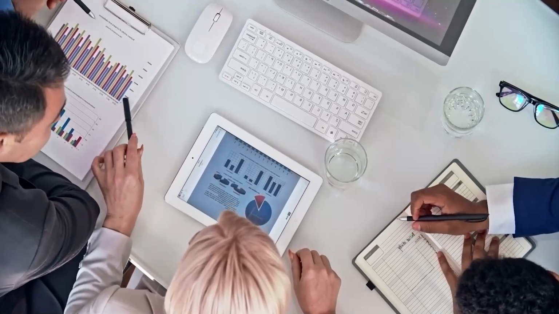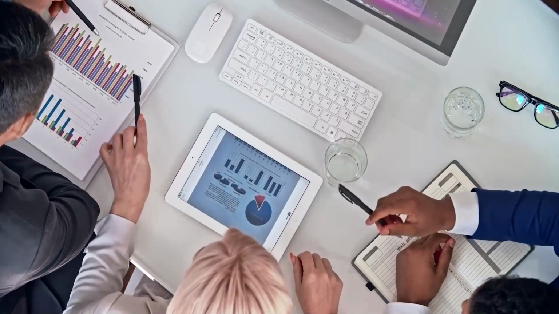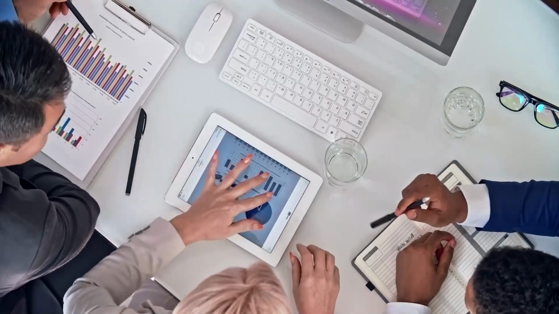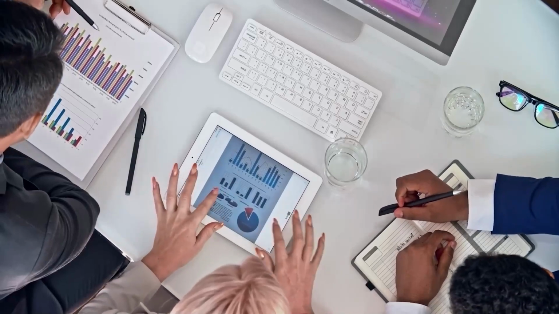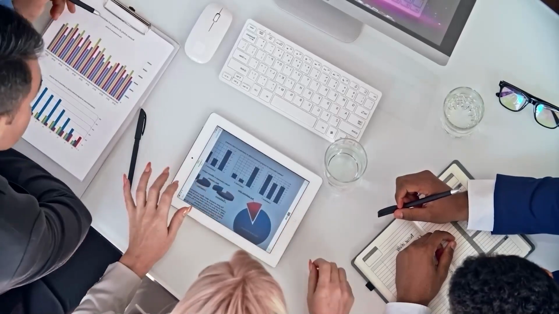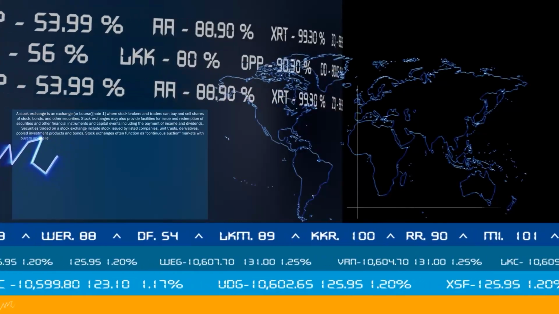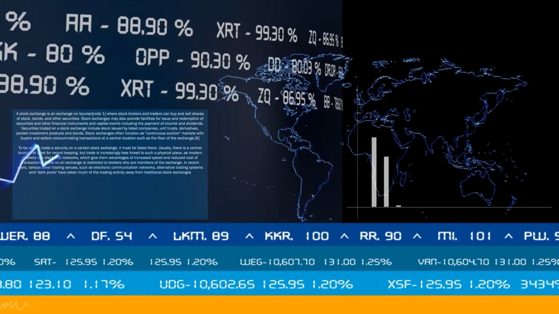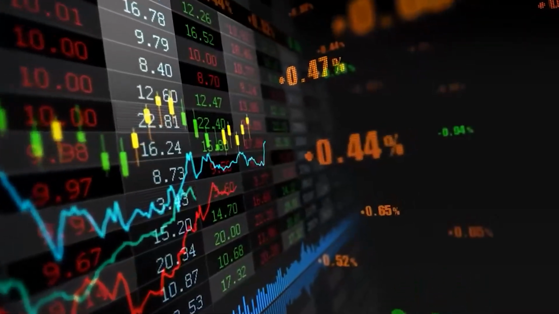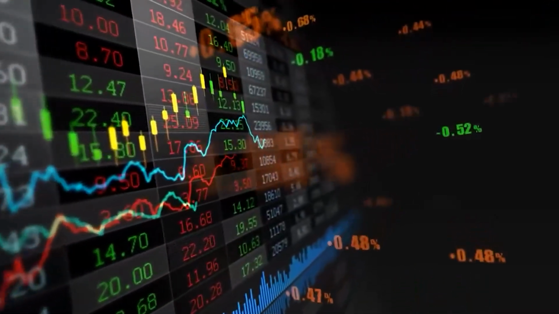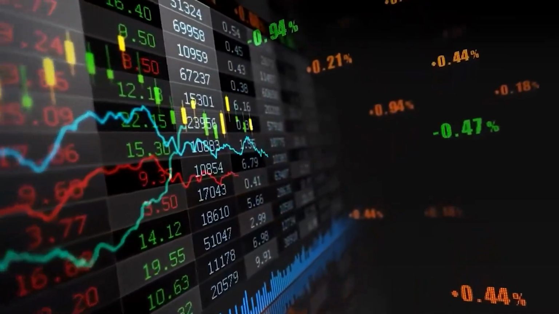Like a mutual fund, an ETF is a pooled investment fund that offers the investor an interest in a professionally managed, diversified portfolio of investments. But unlike mutual funds, ETF shares trade like stocks on stock exchanges and can be bought or sold throughout the trading day at fluctuating prices.